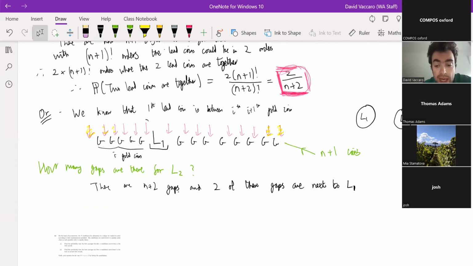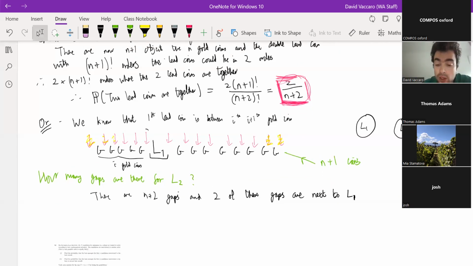Okay, so there are n+2 gaps, and 2 of these gaps are next to L1. So what's the probability that L2 is next to L1? Well, it'll only be next to L1 if it slots into the 2 gaps that are next to L1 out of the n+2 gaps. So the probability is 2 over n+2.